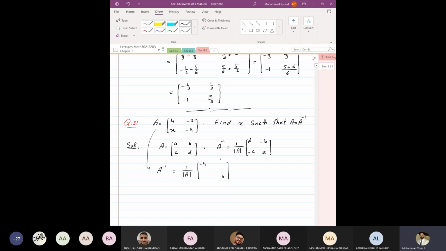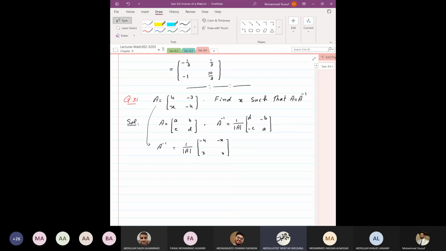You get here minus x and here plus 3. Doctor, it's not. We don't change the other diagonal. We just change the signs. Oh, my mistake. Stupid mistake. Come on, man. 3 and minus x. We change only the main diagonal. You are right.